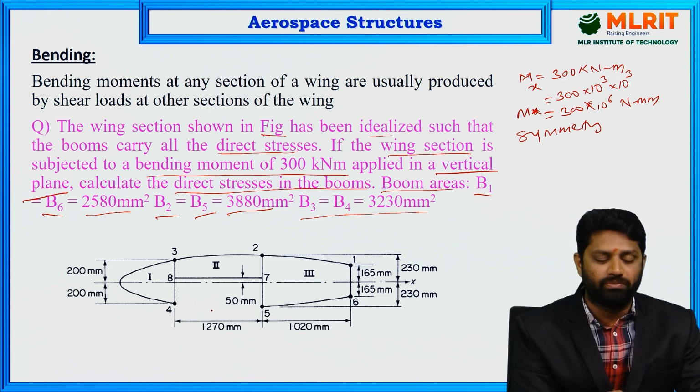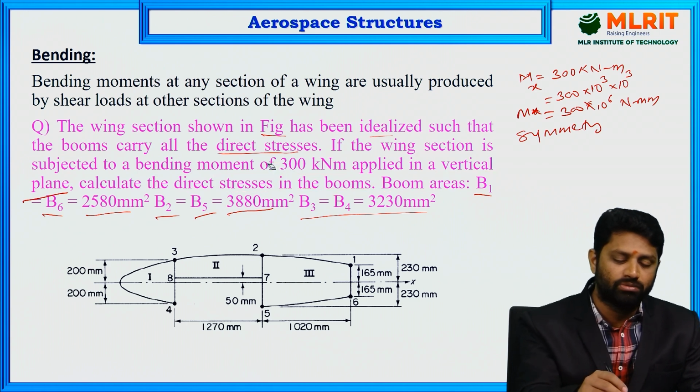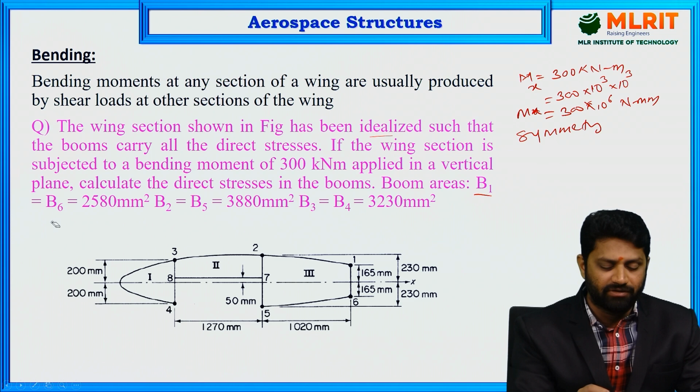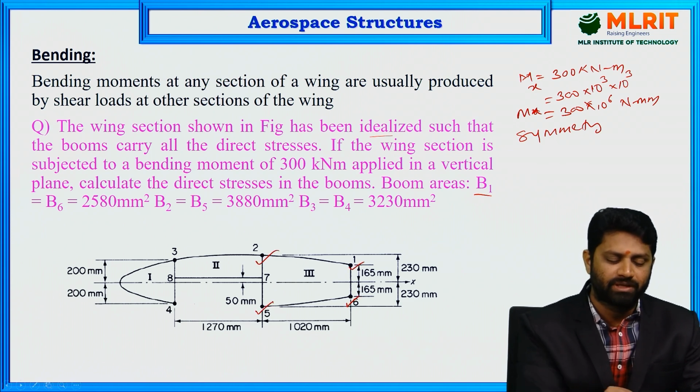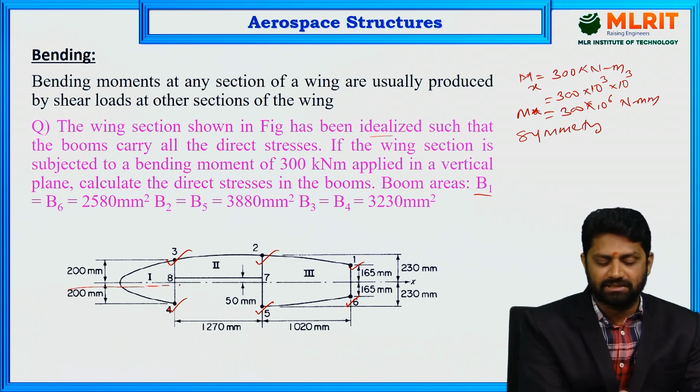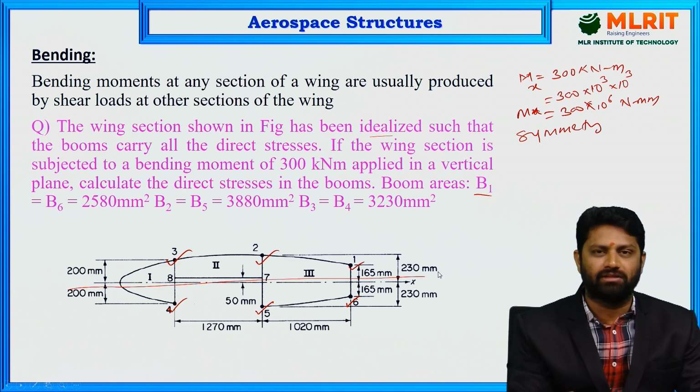The more important thing in this question is how the boom areas are distributed. B1 equals B6, B2 equals B5, B3 equals B4. So these boom areas are equally divided on the upper and lower surfaces of the given wing section.